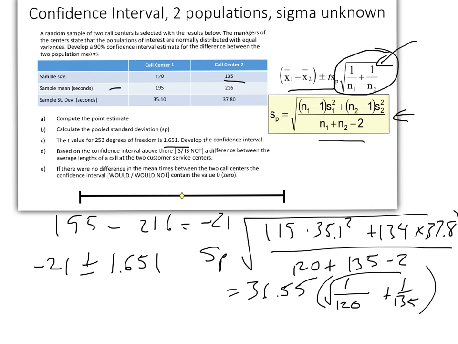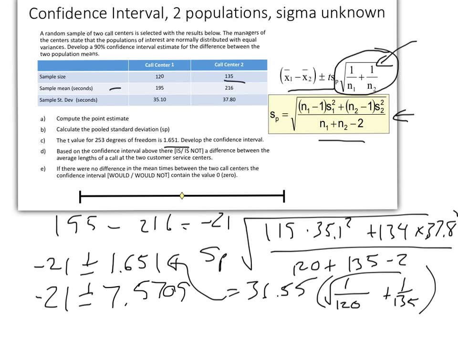You multiply that all by this 1.651 so that you end up with negative 21 plus or minus 7.5709.